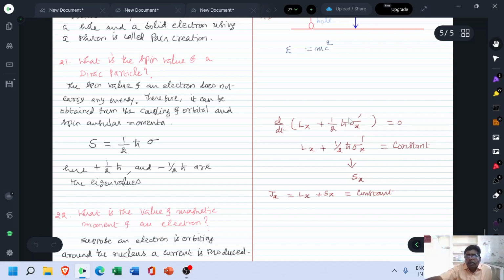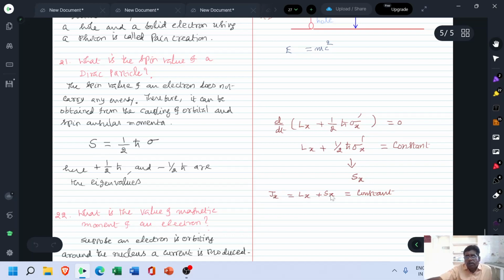If you add some quantity, you may get the total angular momentum, which is conserved. Say d by dt of Lx plus half h cross sigma x equals 0. So the quantity Lx plus half h cross sigma x equals a constant. In a system, the total angular momentum is conserved, so the added quantity should be spin angular momentum. So the value of spin is half h cross sigma.